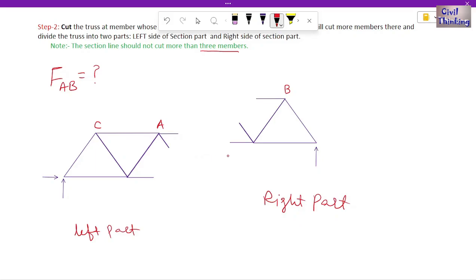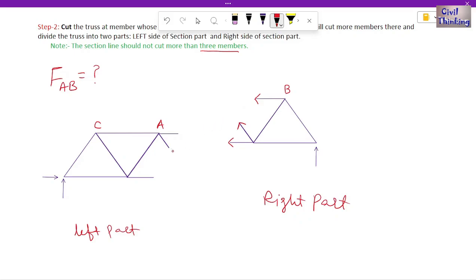Now this is step 2. We have to cut it into two parts. Now we are left with these cut members. We will assume the forces in them are tensile, like this, only on the cut members. They are tensile. Now what member was this?